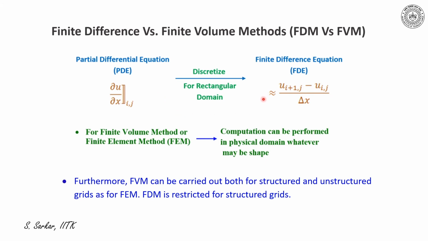Finite difference form of a governing equation is referred to as finite difference equation, FDE. Thus, the primary objective of a finite difference method is to convert PDE to FDE for a given rectangular domain.